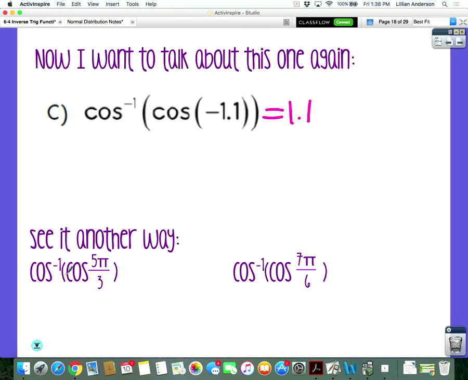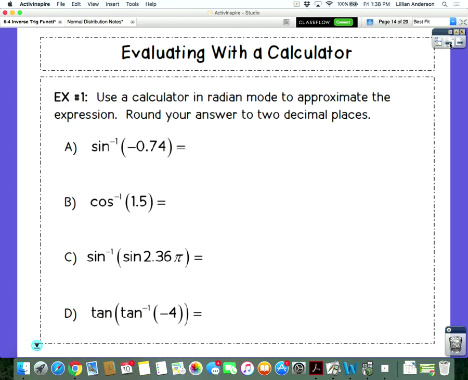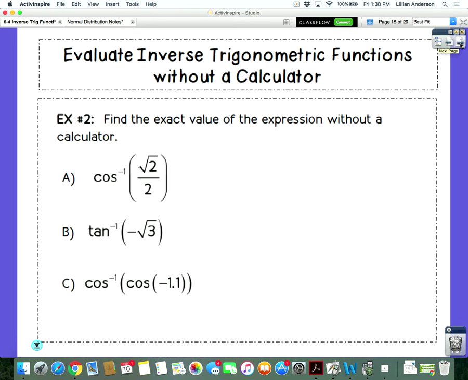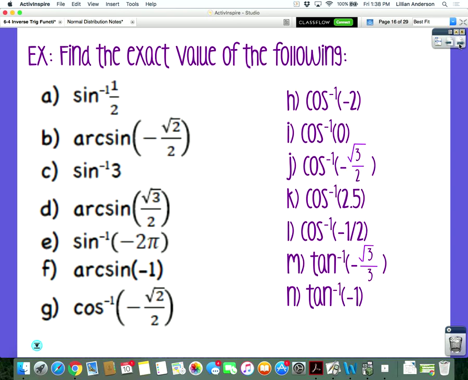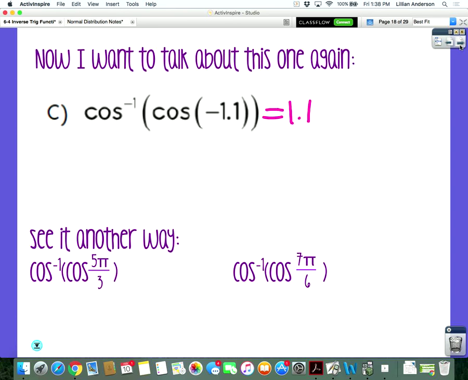That's what happened with this problem. Remember the answer was just -4? That's because it followed the property that tangent of tangent inverse of x equals x. We knew that this was -4. We just used our calculator to confirm it. So it's about knowing those properties, that when you have that type of combination, a lot of times the cosine and cosine inverse or the sine and sine inverse will cancel each other out.